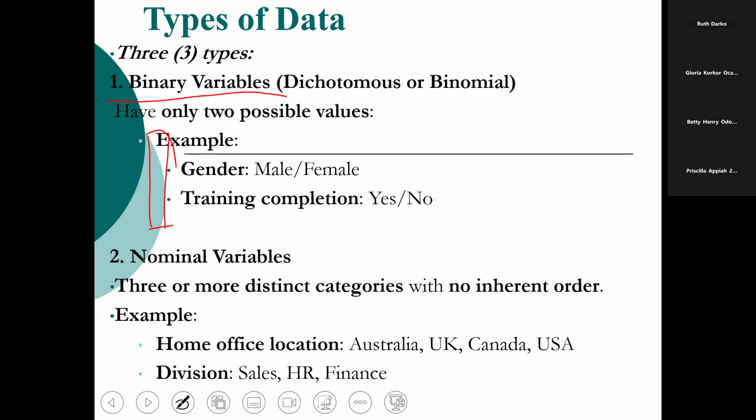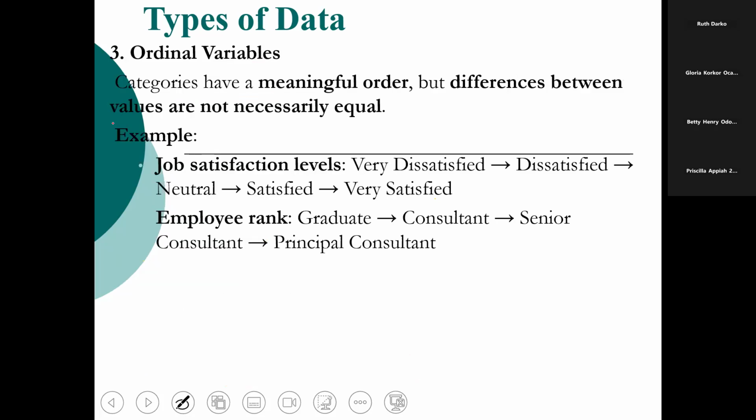For example, office location: Australia, Ashaman, Lebanon, Washington. All those names are mentioned, they are in Ashaman Hill. So don't go looking at Europe. In Ashaman, we have Washington, we have Lebanon, we have all that you can think of. Even Texas, we have them. You can also look at division. Is it sales? Is it HR? Is it finance? Then we have the ordinal ones.